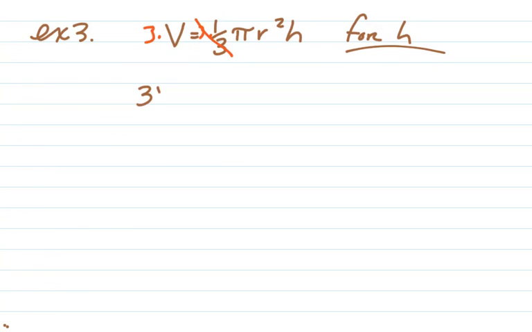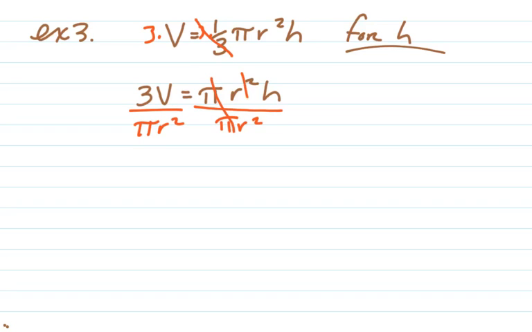So now I have 3v is equal to pi r squared h. We just have one more step here. H is being multiplied by pi and r squared, so I need to undo that and divide by pi r squared in order to get rid of them.